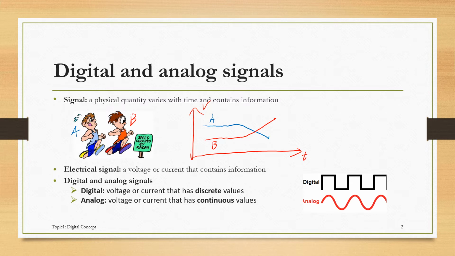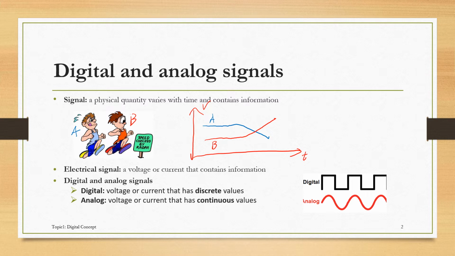The digital signal is a voltage or current that has discrete values. Discrete means whenever the signal needs to change values, they change instantaneously, like there's no transition time or transition period.